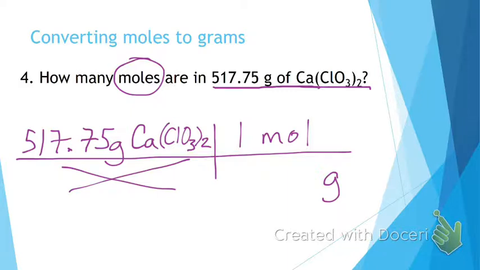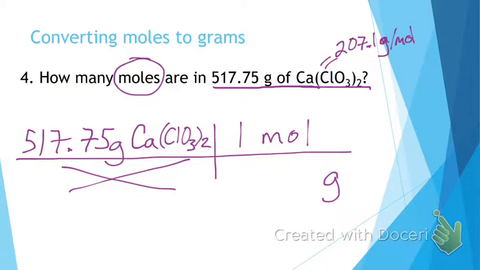So then, how do I get this grams? Do we know the mass of this compound? We do. We just calculated it not that long ago. We calculated this compound to be 207.1 grams per mole.